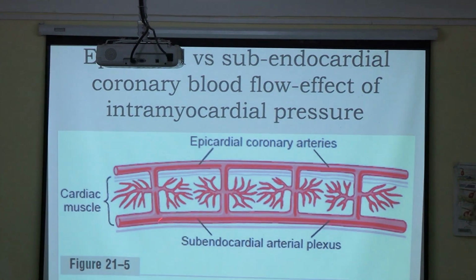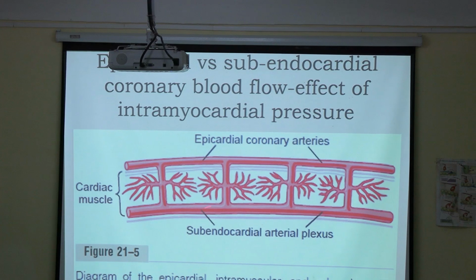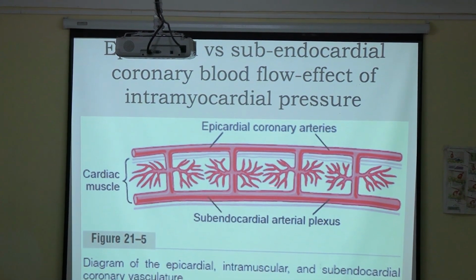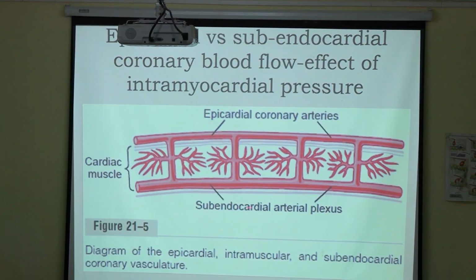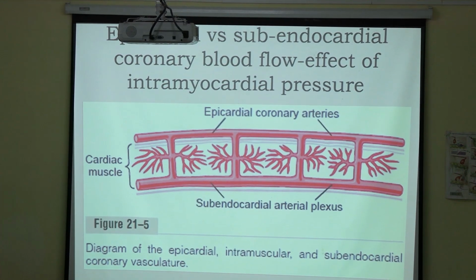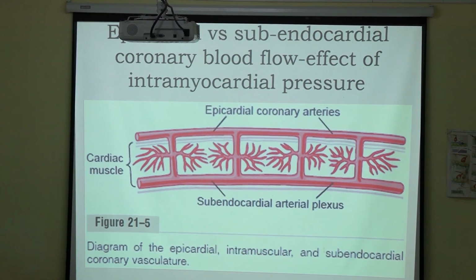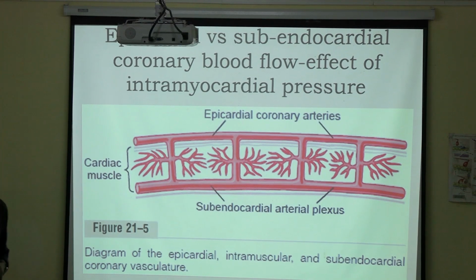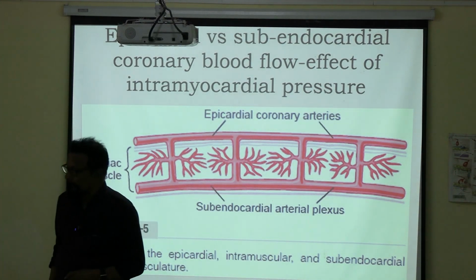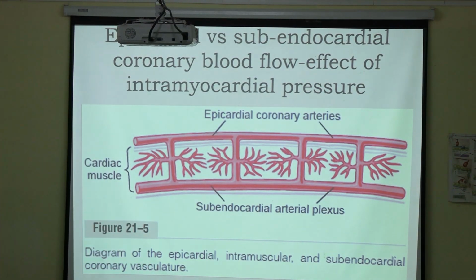The very small arterioles join and form a subendocardial arterial plexus. What do you mean by plexus? A group of arteries lying together.